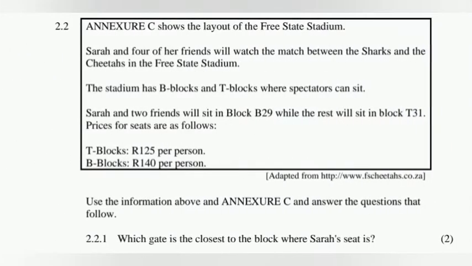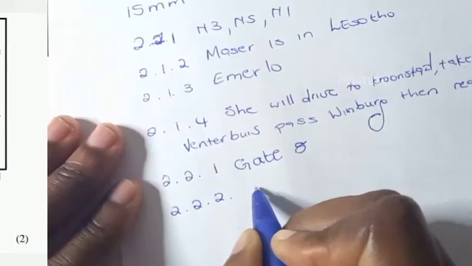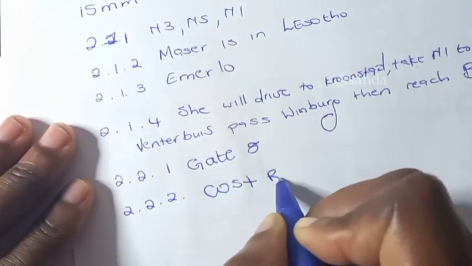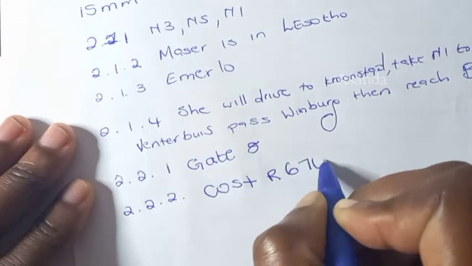So first of all, how many of them? We need to know how many they are. It says at the top, Sarah and 4 friends in different blocks, and we need to calculate according to where they're sitting. Sarah is saying the cost is 670 rands.